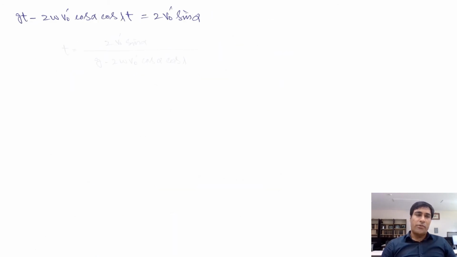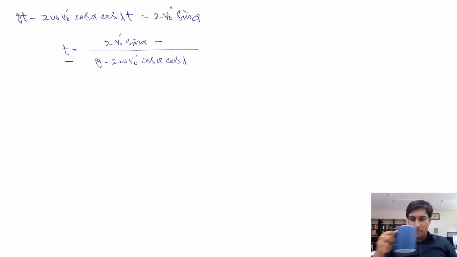From here we get the value of t: t equals 2 v naught dash sine alpha over g minus 2 omega v naught dash cos alpha cos lambda. We took t common from the two terms and moved the rest to the right hand side.